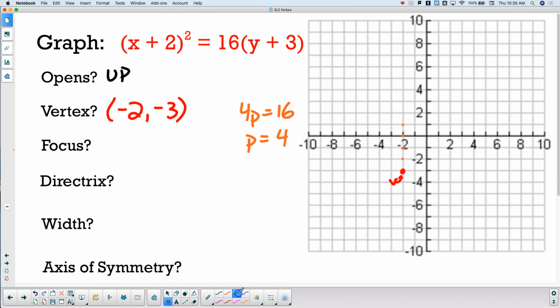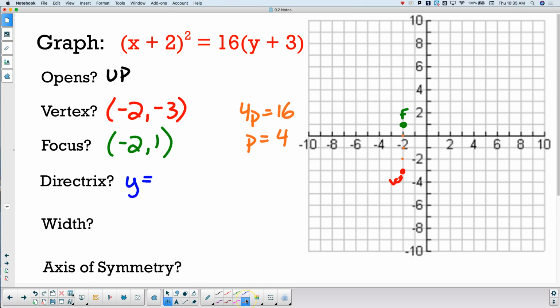So where is my focus? -2, -1. Okay. Dietz, directrix? -8. I don't like -8. I like the y equals part, but I don't like -8.